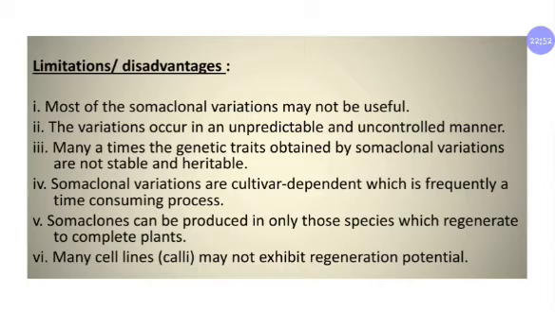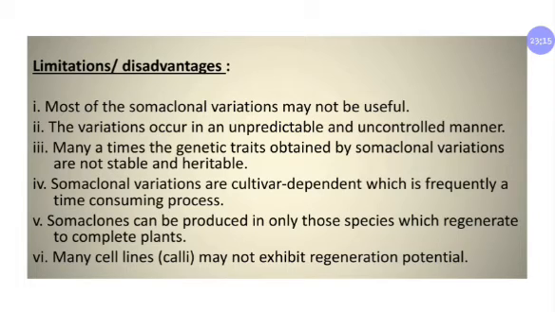Limitations or the disadvantages of somaclonal variations. The first one is that somaclonal variations may not always be useful. The variations occur in an unpredictable and uncontrolled manner. The genetic traits obtained by somaclonal variations may not be stable or heritable.